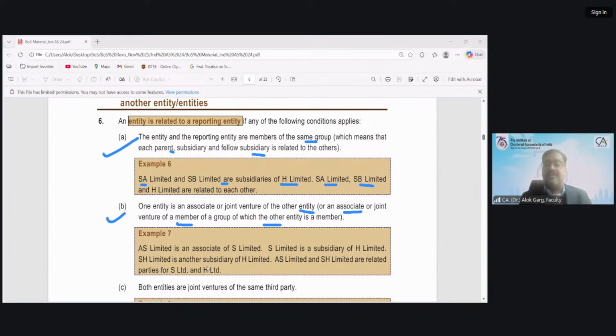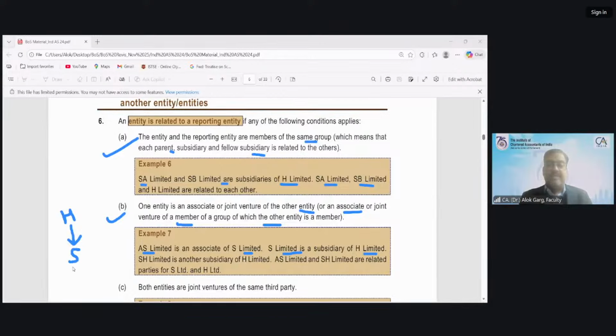We discussed now. AS Limited is an associate of S Limited. S Limited is a subsidiary of H Limited, right? So what is the hierarchy here? H Limited is a parent, and S is a subsidiary of H, right?